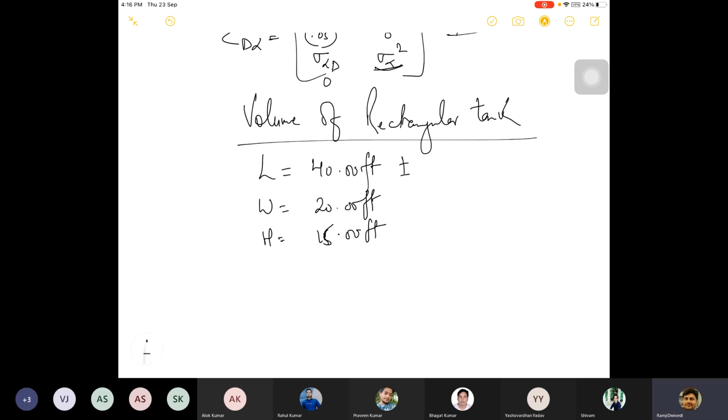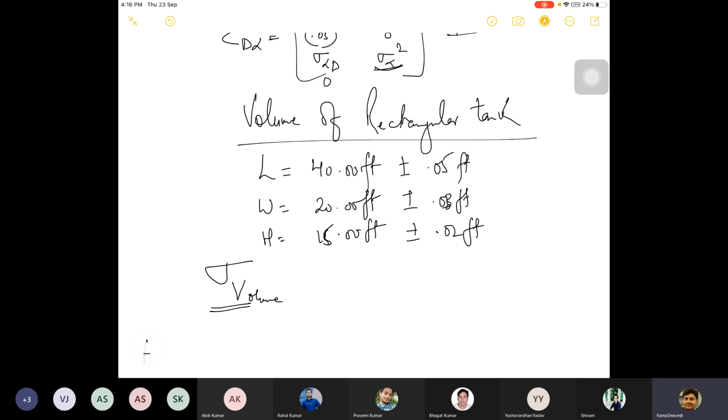Corresponding errors 0.05 feet, 0.03 feet, 0.02 feet. You have to give me the error in V, that is volume.